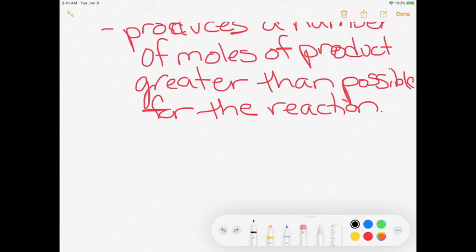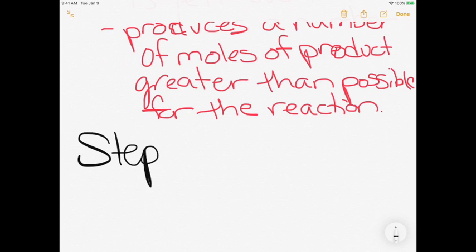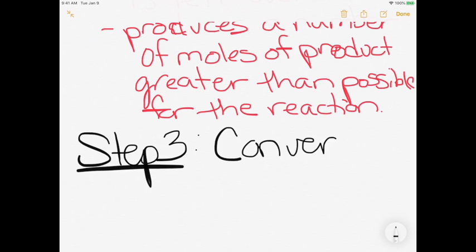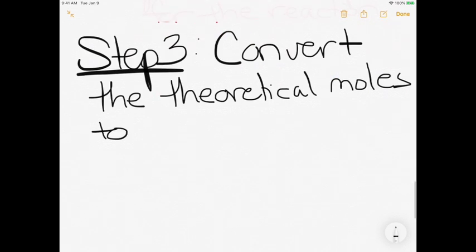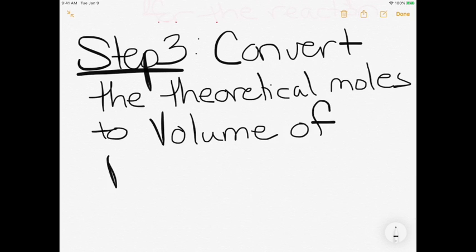So step 3 is to convert the moles, or the theoretical mole, to volume of product.